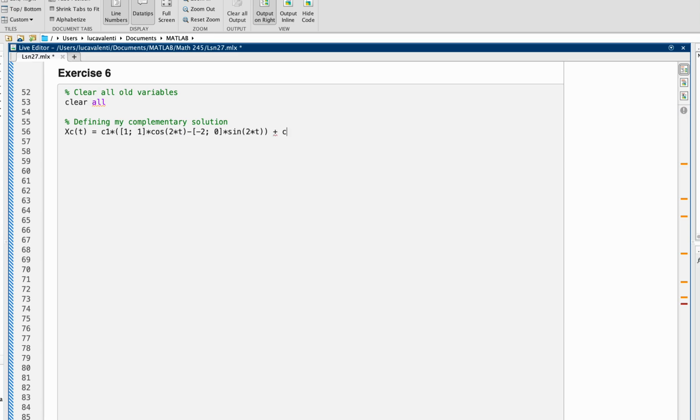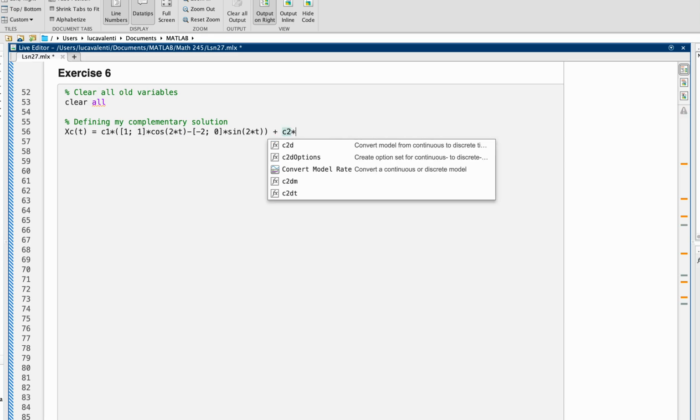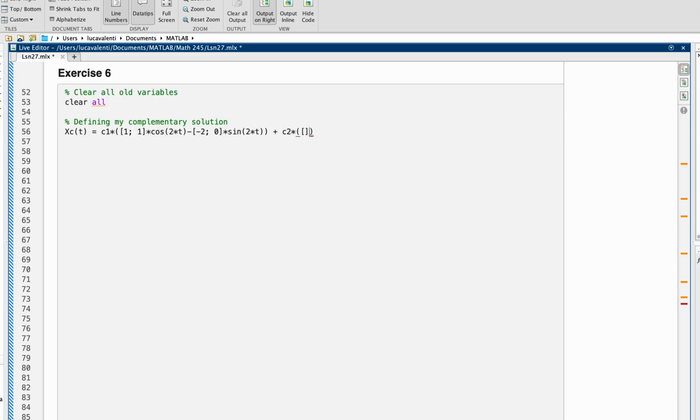And then we had the second term, c2, all multiplied by -2, 0, times the cosine of 2 times t, plus the vector 1, 1, times the sine of 2 times t. And then we don't want it to output, so I put a semicolon here.